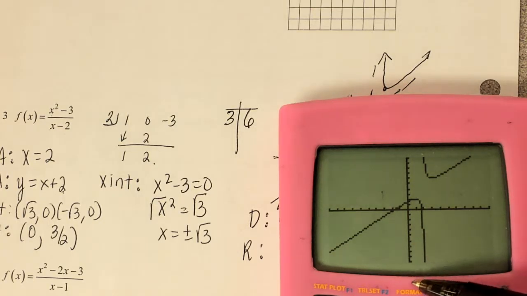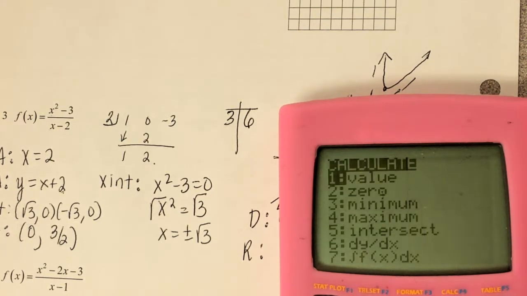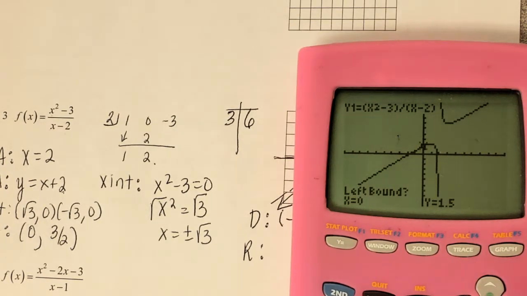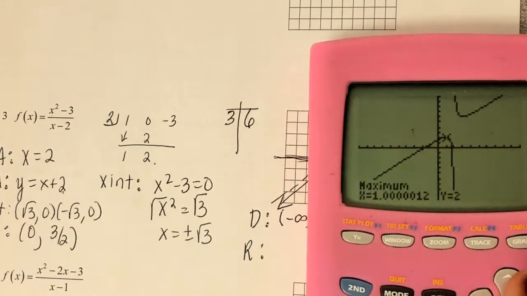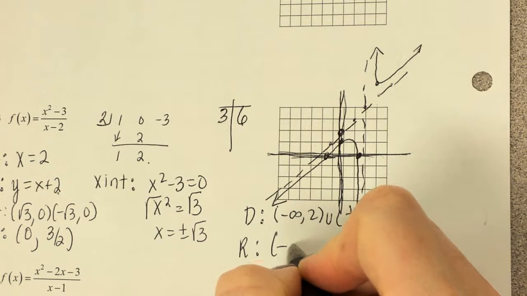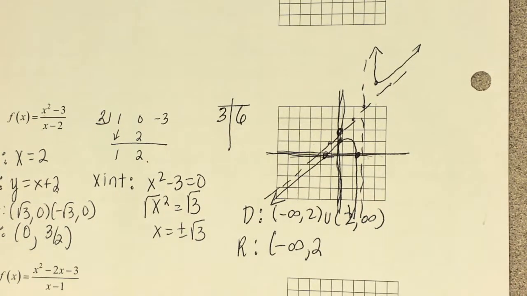The y values go from negative infinity. I'm going to have to find the maximum right there. So I'm already on the left. I hit enter. Go over to the right, hit enter. Enter one more time. And the maximum is at 2. So the range is going to go from negative infinity to 2.